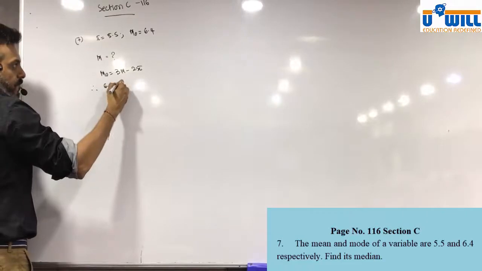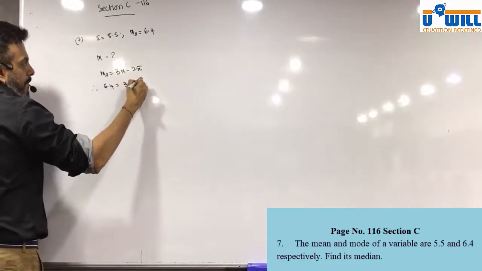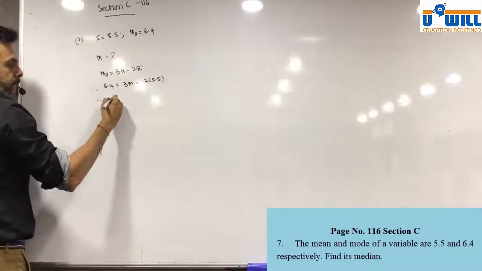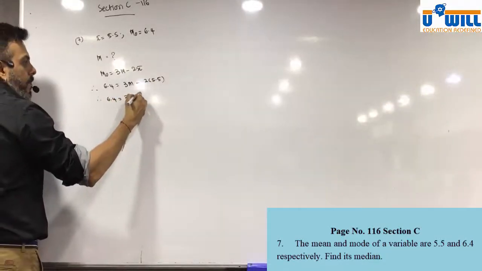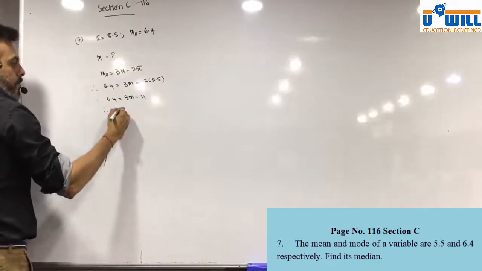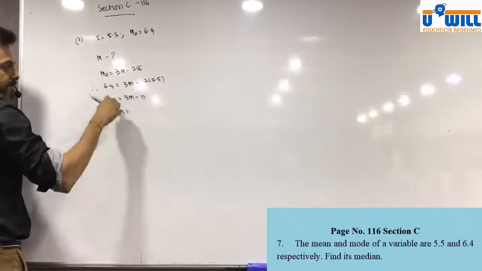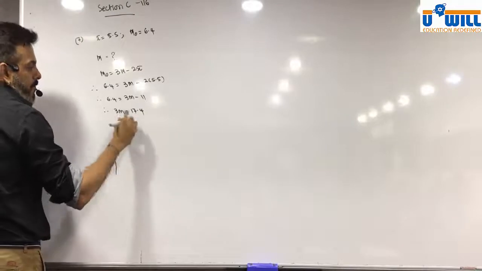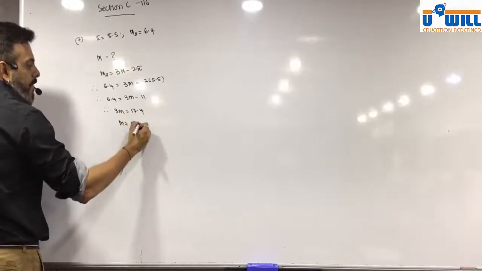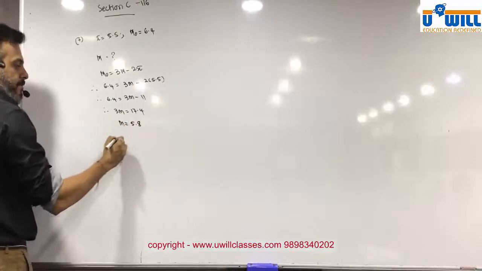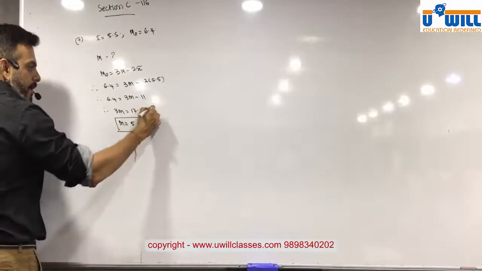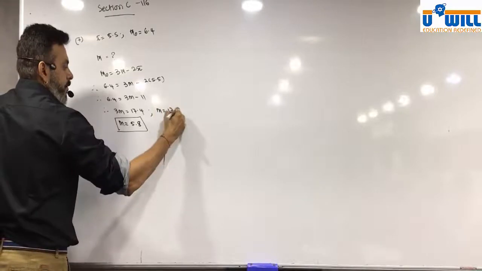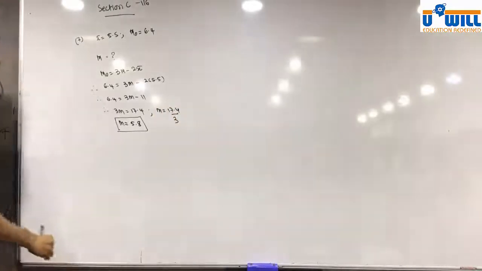Therefore 6.4 is equal to 3m minus 2x bar. 3m is equal to, ये 11 plus हो जाएगा, 17.4. So median is equal to 5.8. I'll write a step more. Median is equal to 17.4 divided by 3.